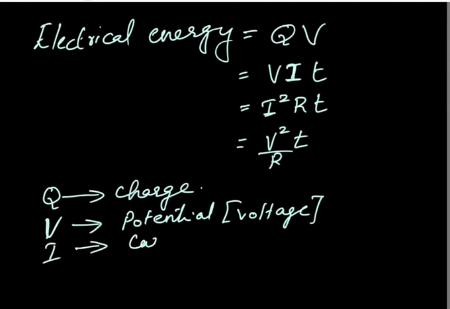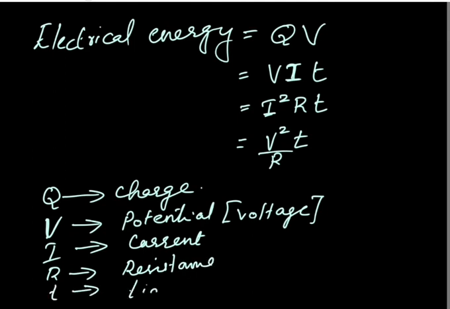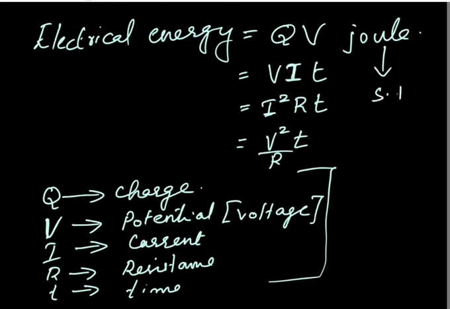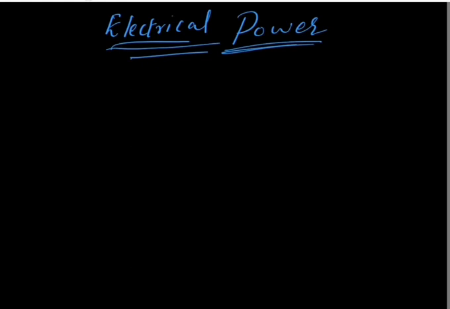Then I is the current, then R is the resistance, and T is the time. So if all these quantities are taken in SI unit, the unit of electrical energy will be in joule. So SI unit of electrical energy is joule. So we found about the expressions for electrical energy.